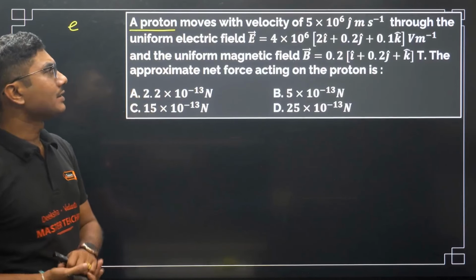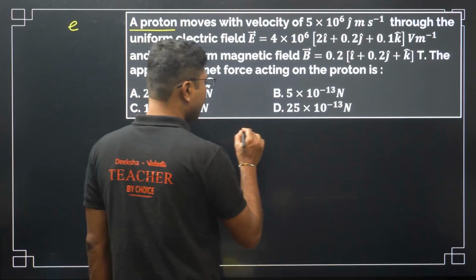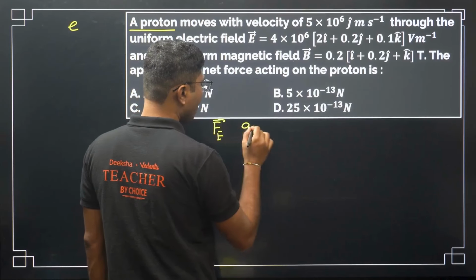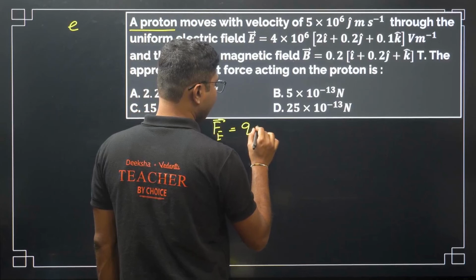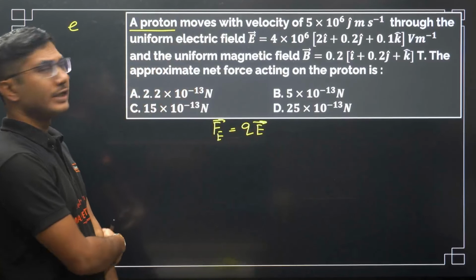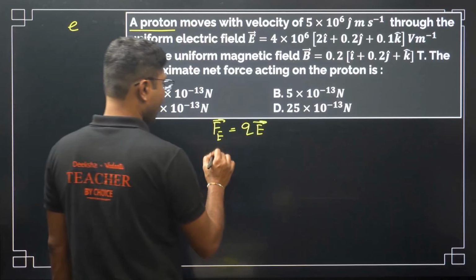Okay, first let us find the electric force. What is electric force? Electric force is given by Q into E vector, right? Now what is the magnetic force?